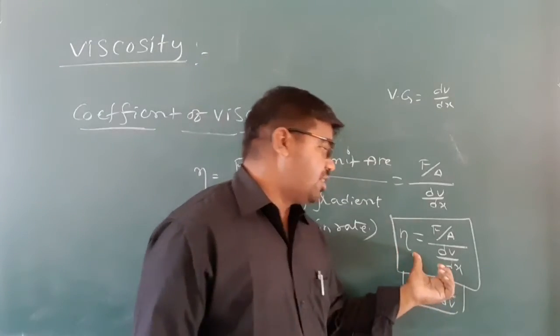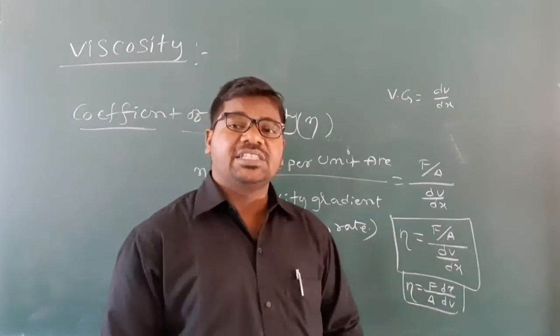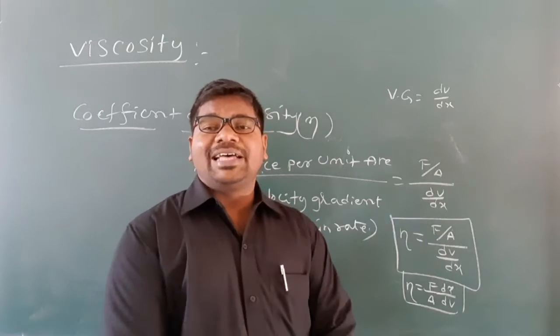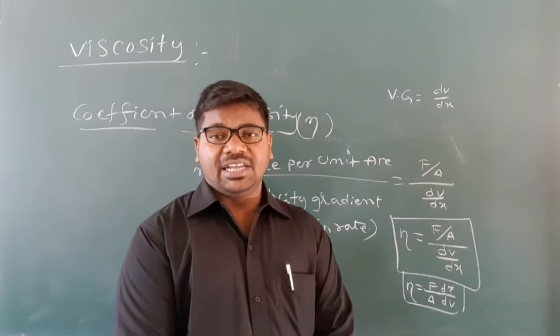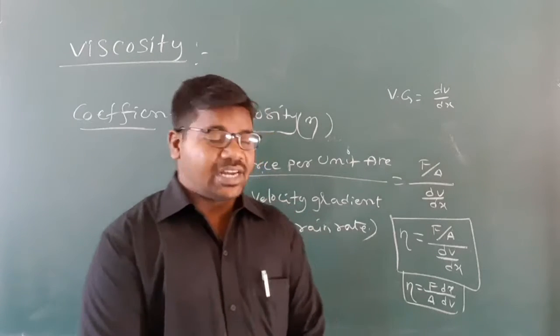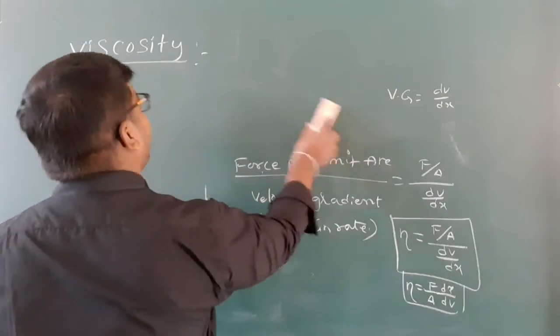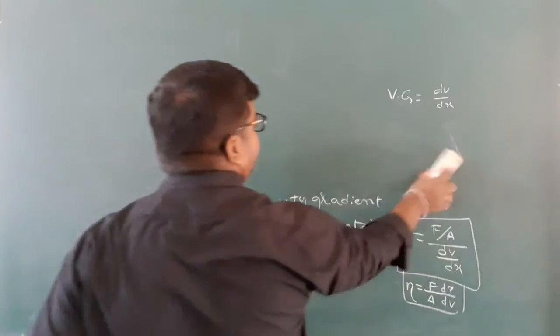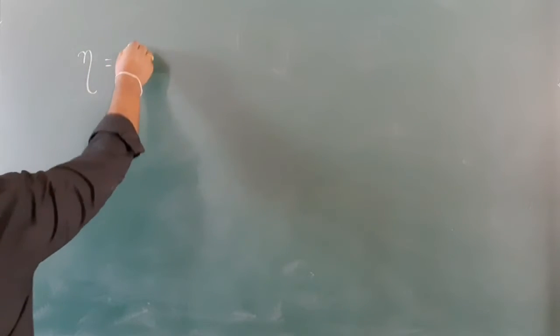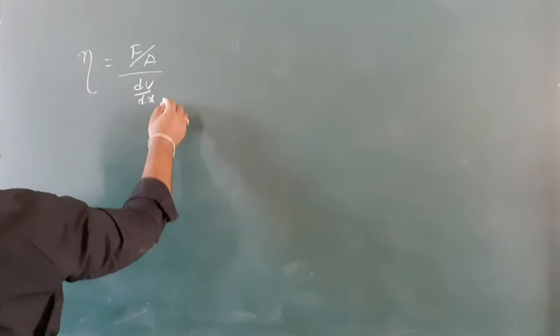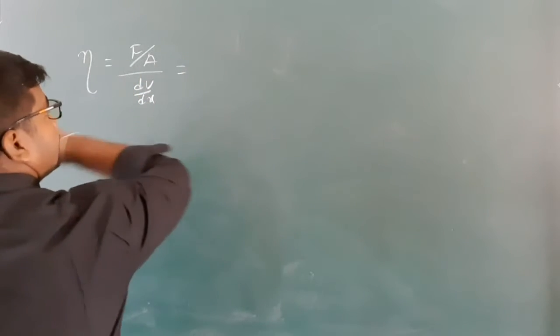So coefficient of viscosity is defined as force per unit area to the velocity gradient. Units and dimension formula for coefficient of viscosity. So what is coefficient of viscosity? It is denoted eta, force per unit area to the velocity gradient. Okay, unit. What is the unit?